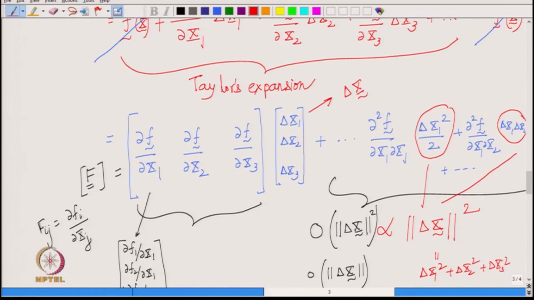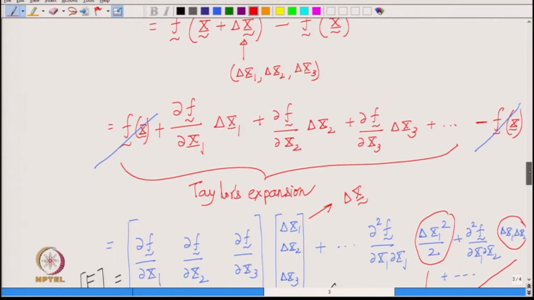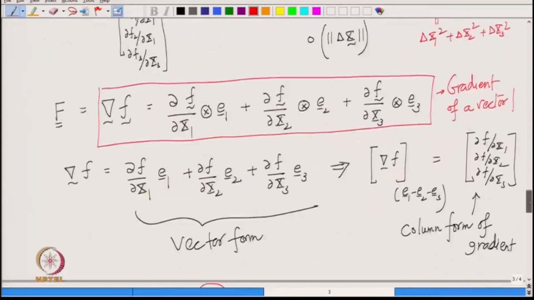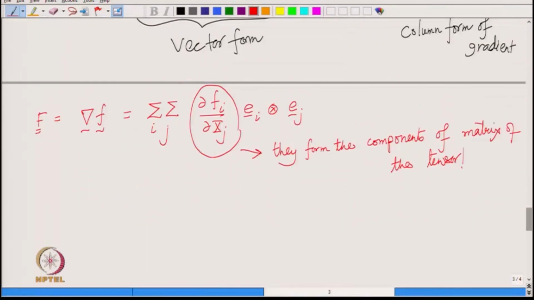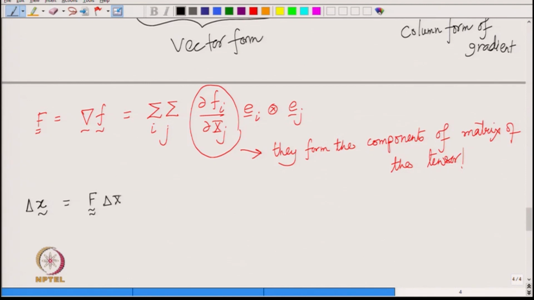Okay. So, finally, after all this new notations, we can simply write delta small x equals the second order tensor big F times delta big X plus some higher order term big O delta big X whole square.